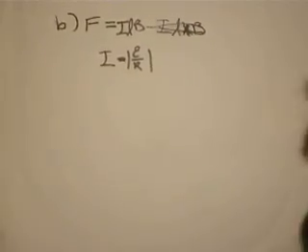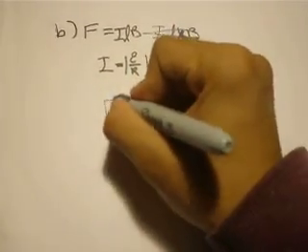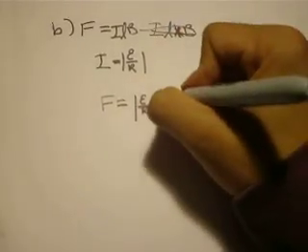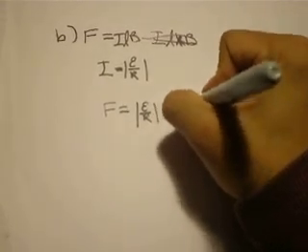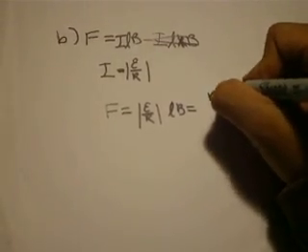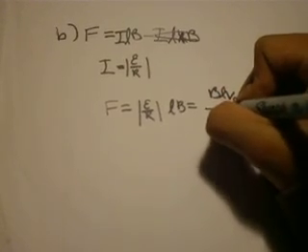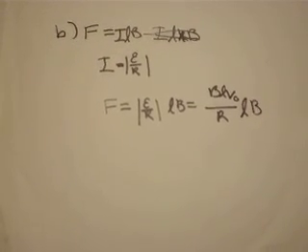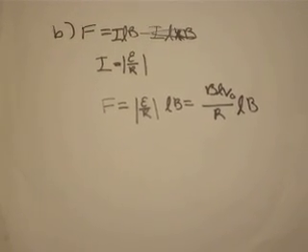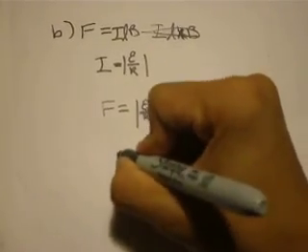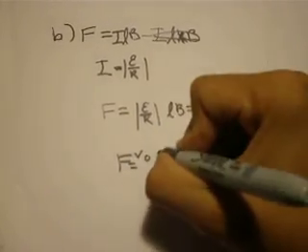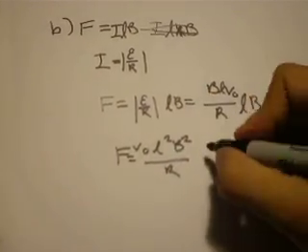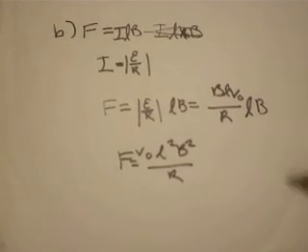So we substitute the E in, so F equals E over R times LB, which equals B L v naught over R times LB. So F equals v naught L squared B squared over R. That's fine.